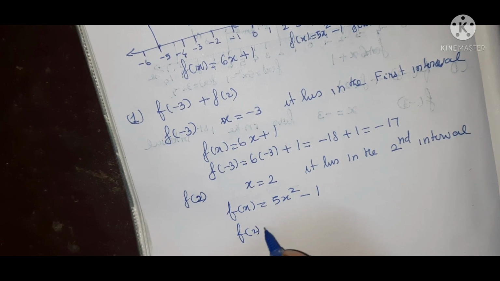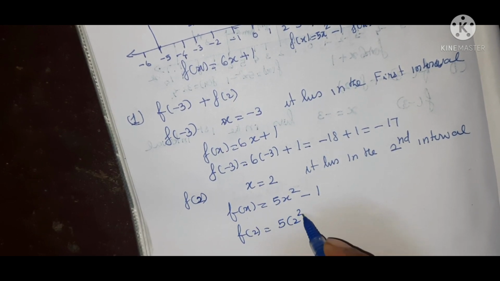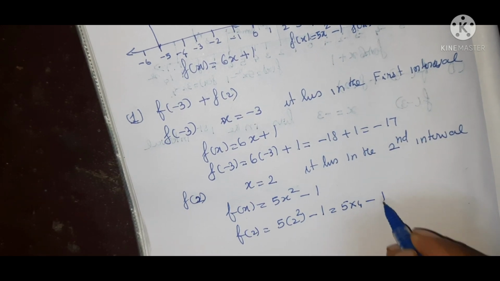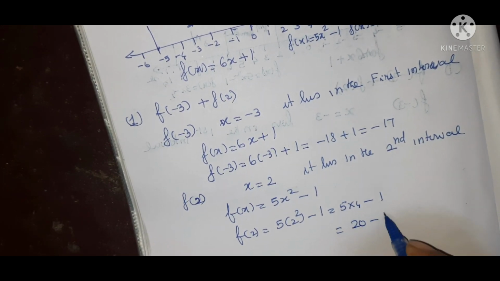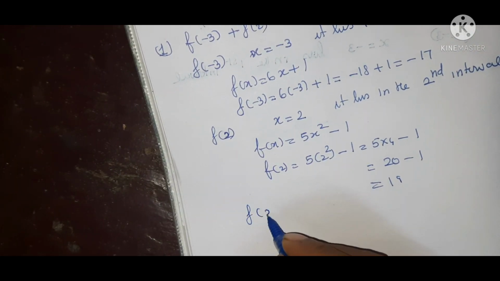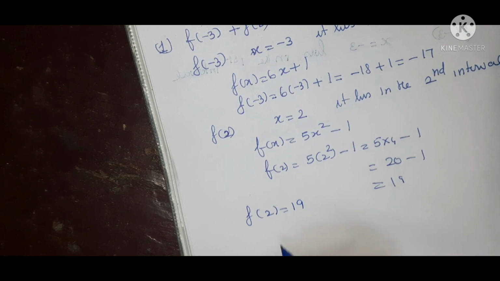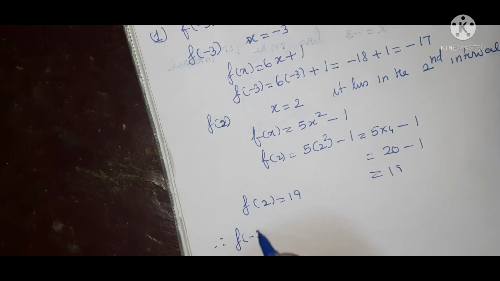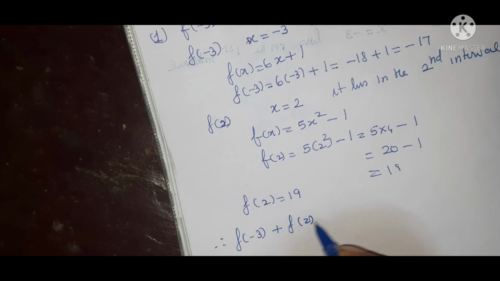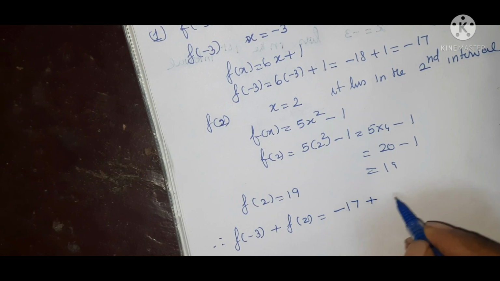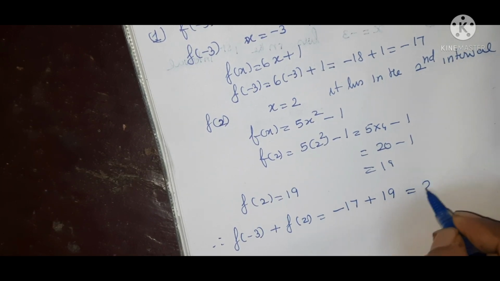F of 2 is equal to 5 into 2 square minus 1, 5 into 4 minus 1, 20 minus 1, 19. F of 2 is 19. Therefore, f of minus 3 plus f of 2: f of minus 3 is minus 17, f of 2 is 19. We get 2.